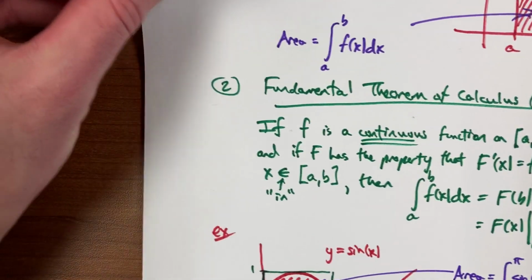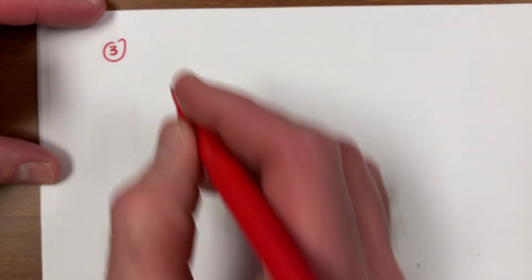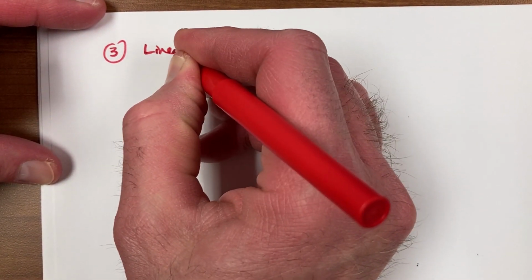Some more properties that are worth writing down. There's something called linearity. Linearity is what that says. The integral of f of x plus g of x is the integral of f of x plus the integral of g of x is one example of linearity.